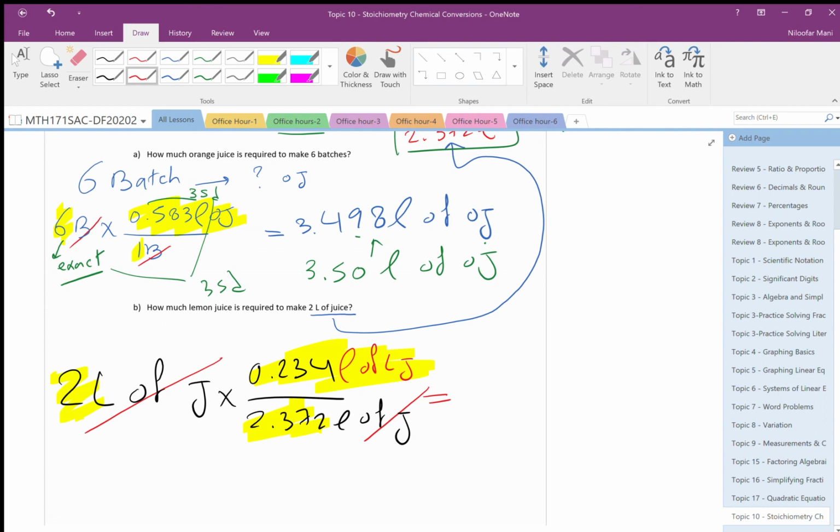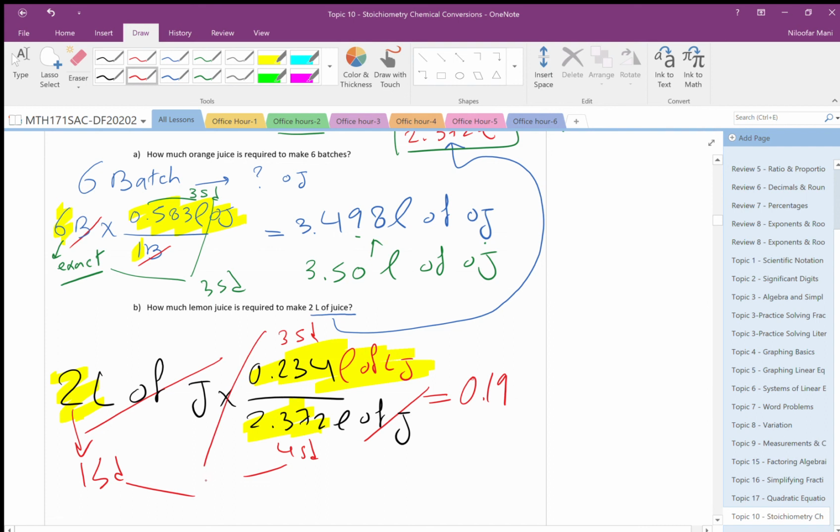So it's 2 multiplied by 0.234, divided by 2.372, which is 0.19. Here I can say this is 1 significant digit, this is 3 significant digits, this is 4 significant digits.